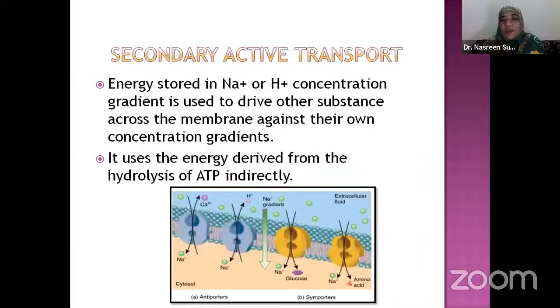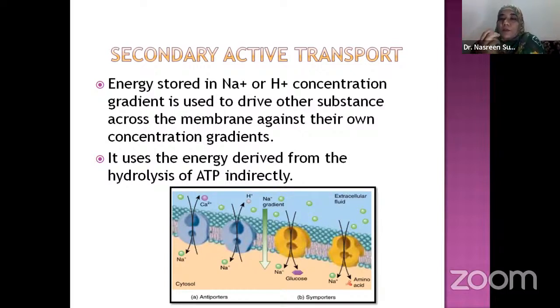In the same way, here there will be movement of 2 ions. If the 2 ions are moving in the same direction, okay, along with the sodium, if glucose is also coming inside, then it is called a symporter.